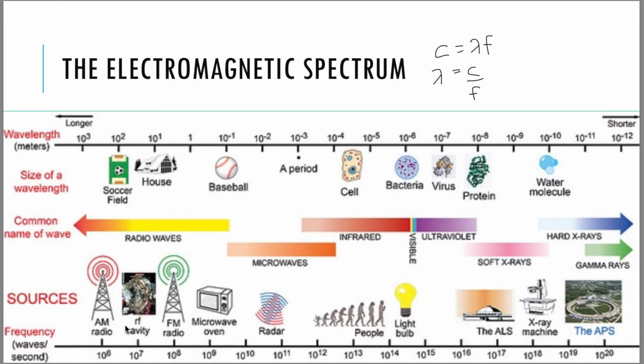So all the waves are ordered by frequency, but as the frequency increases, the wavelength decreases. By being ordered by frequency, these waves are also all ordered by wavelength. Increasing frequency on the bottom means a decreasing wavelength on the top.